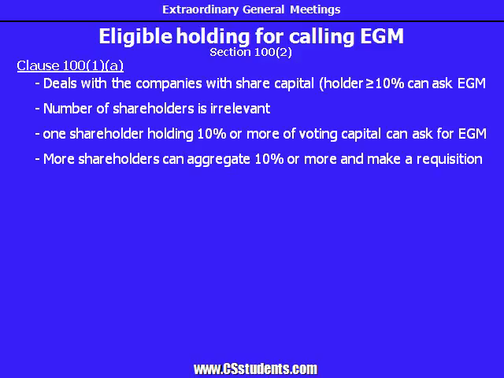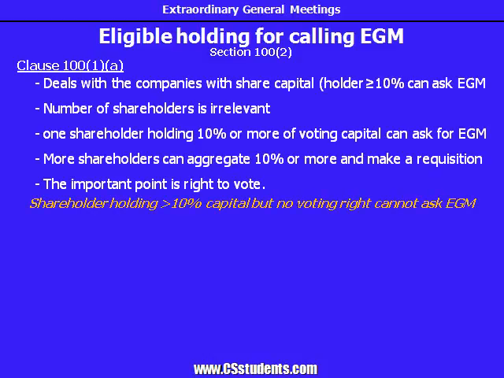The important point over here is the right to vote. If there is a shareholder holding more than 10% capital, but no right to vote is attached to his shares, he cannot make the requisition for the extraordinary general meeting. This may happen in the case of differential voting rights shares.